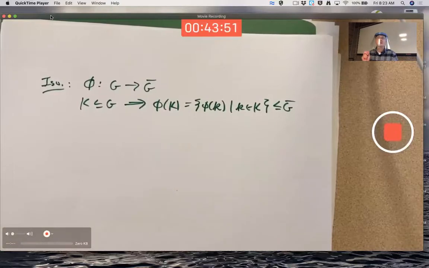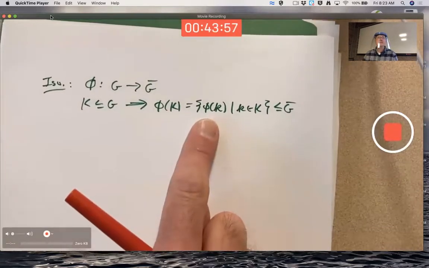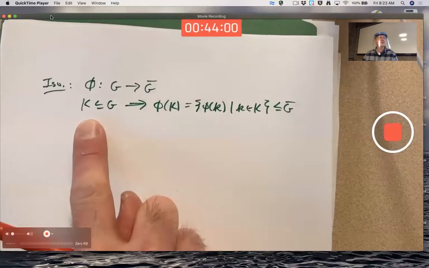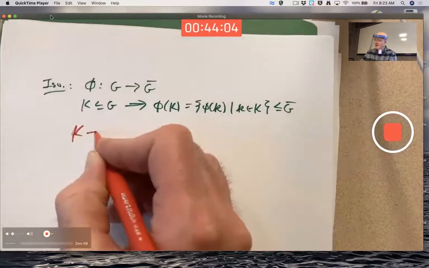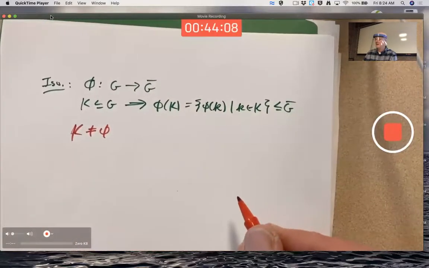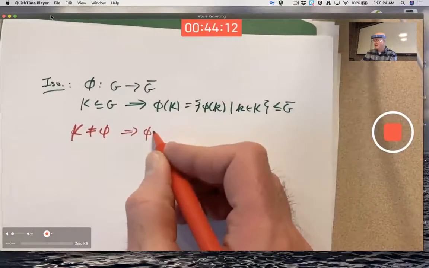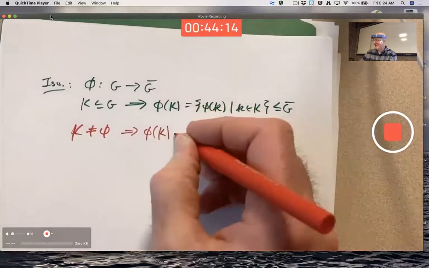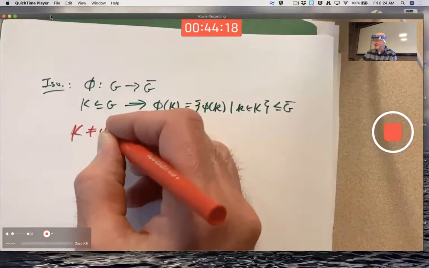First of all, there's the zero step of showing that this is non-empty. It's obviously non-empty because K is non-empty. K being non-empty means there exists an element little k in capital K, so this set is also not empty. That's obvious. Here we run across the fact that the symbol for the empty set looks like a phi.